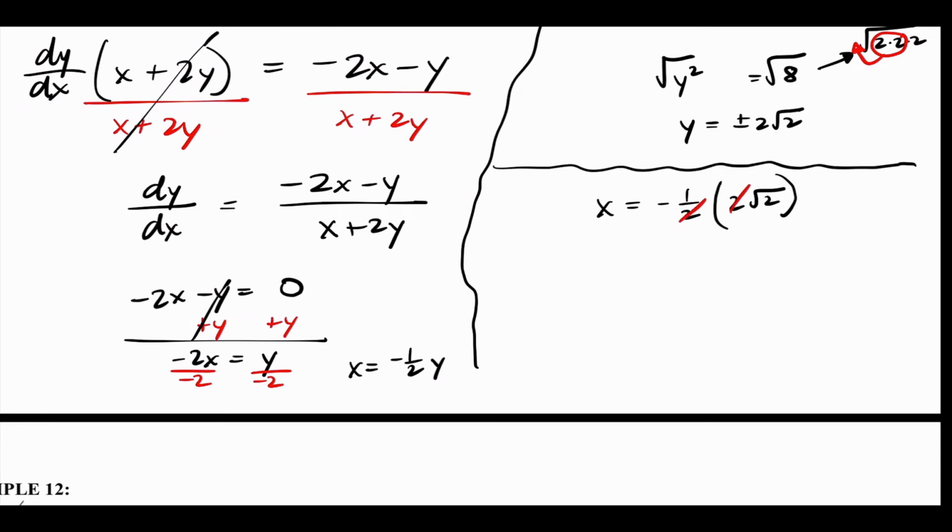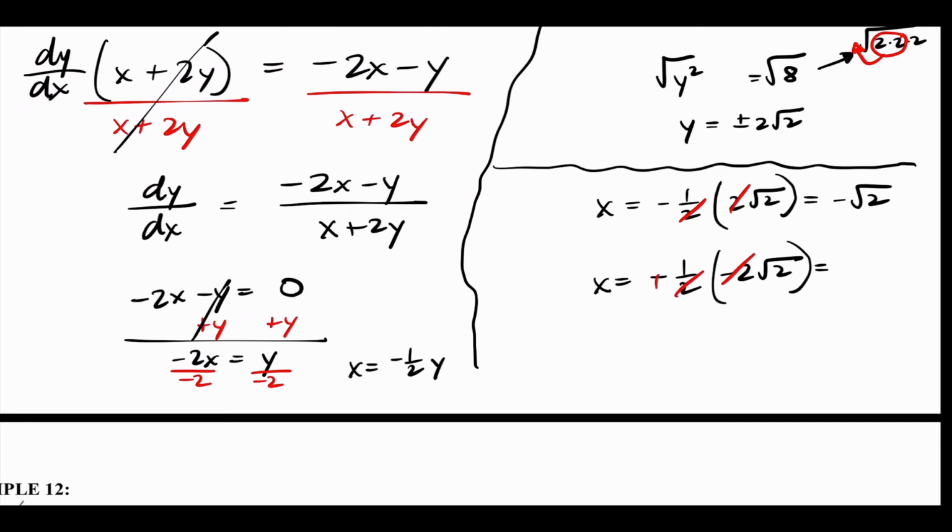2's cancel out. I get negative root 2. Okay, then I'm going to plug in a negative. Negative 1/2 times negative root 2 over 2. The 2's cancel out again, but this time they're negatives.